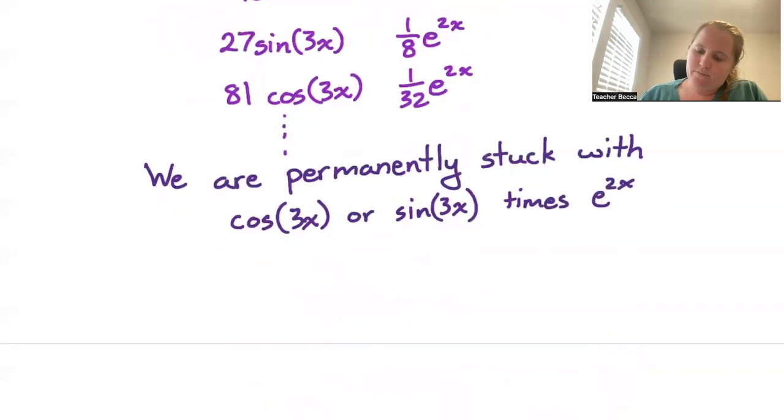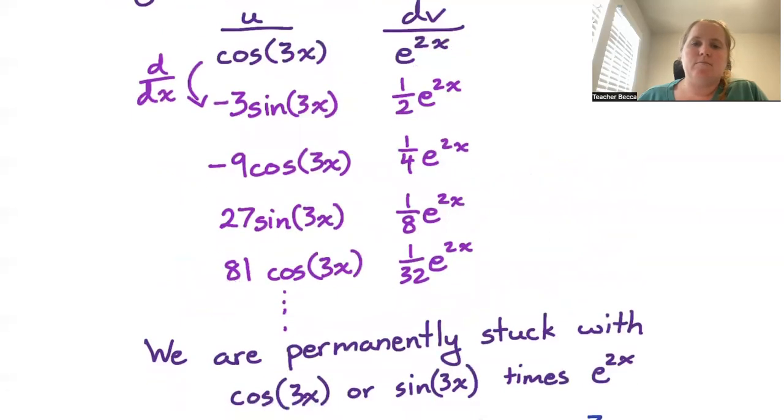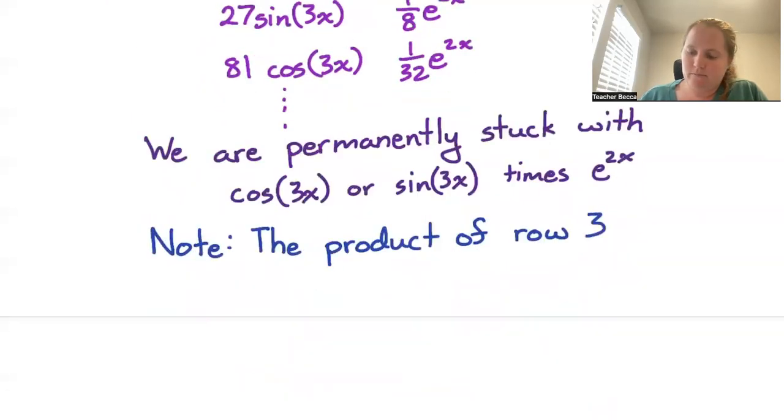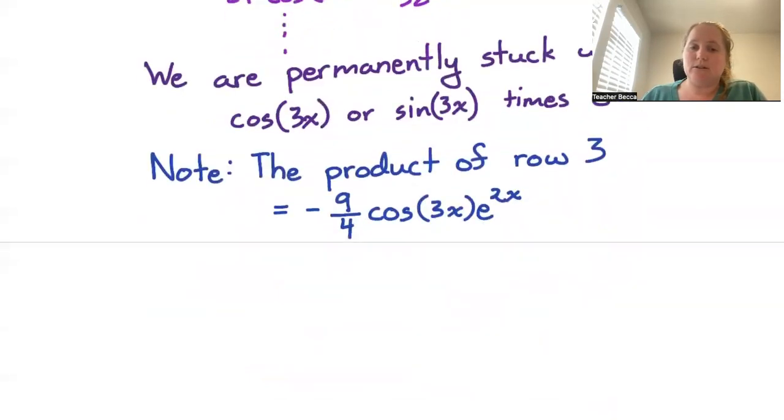So note the product of row 3, which is negative 9/4 cosine of 3x e to the 2x, is just a scalar of the original function inside our integral.